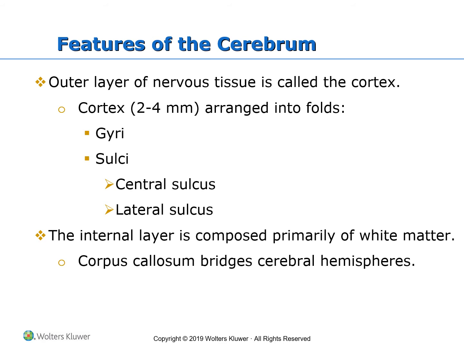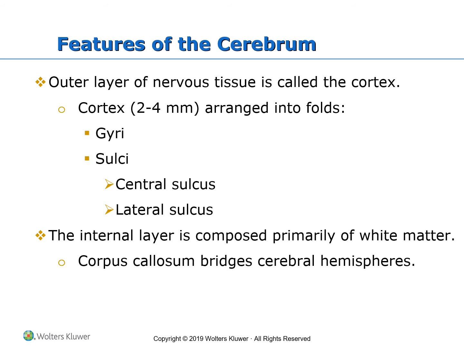We have a lot of sulci, however, there are two of them that are more prominent. They stand out and are considered landmarks. One is called the central sulcus, which separates the frontal and the parietal lobe of each hemisphere, and the lateral sulcus, which curves along the side of each hemisphere and separates the temporal lobe from the frontal and the parietal lobes.